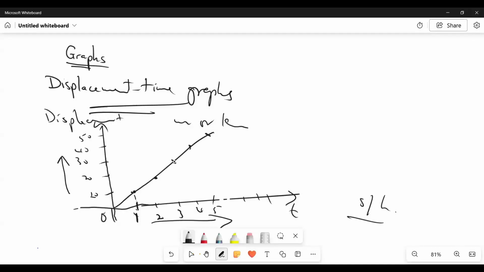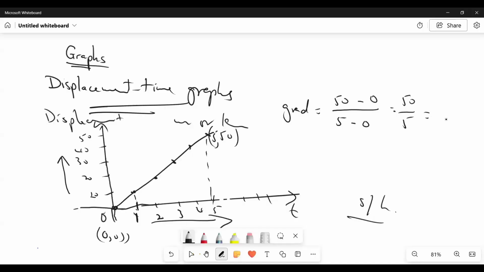If we were to take the gradient of this line, let's take 2 points, maybe 0, 0 and the point 5, 50. You put a time for us, right? And you were to take this gradient here from here to here, right? So the gradient equals 50 minus 0 over 5 minus 0, which is 50 over 5 equals, what's that, 10?